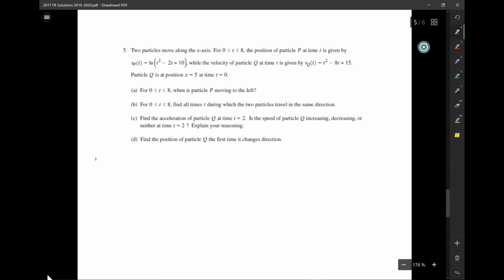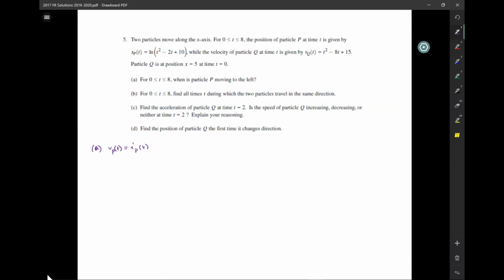So I say Vp of t is equal to x prime p of t. Get in the habit of writing it this way. If you want to find the velocity, it equals x prime, or the acceleration equals x double prime.